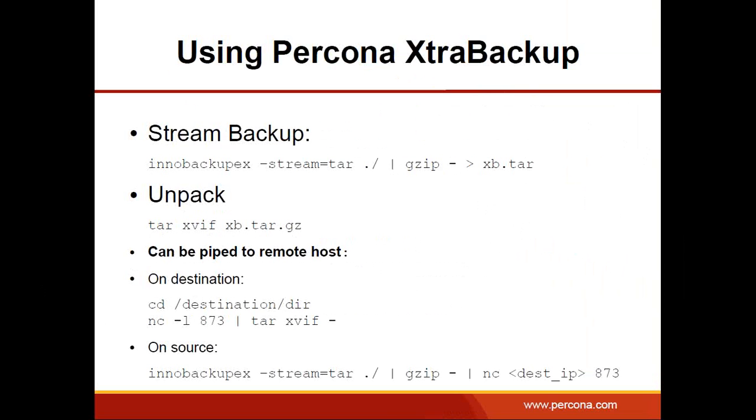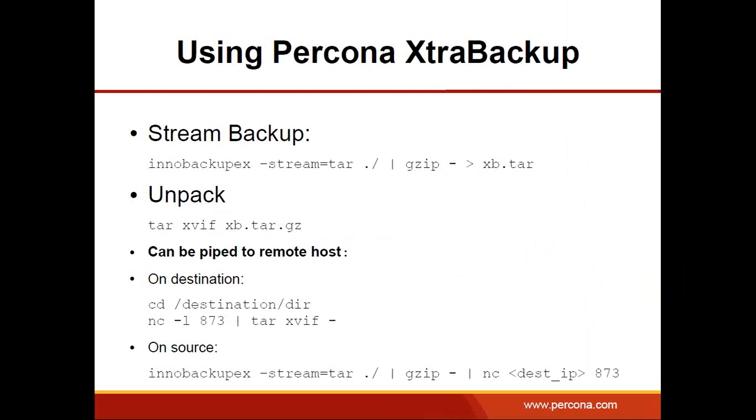XtraBackup also has another option that is to stream backups. That is very useful if you need to, for example, restage a new slave. You can do this using the stream option that will be streamed to a single file.